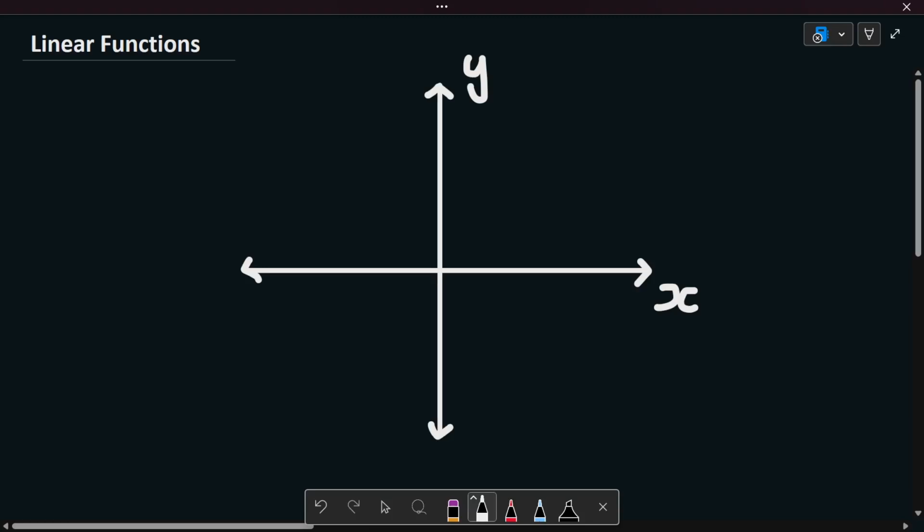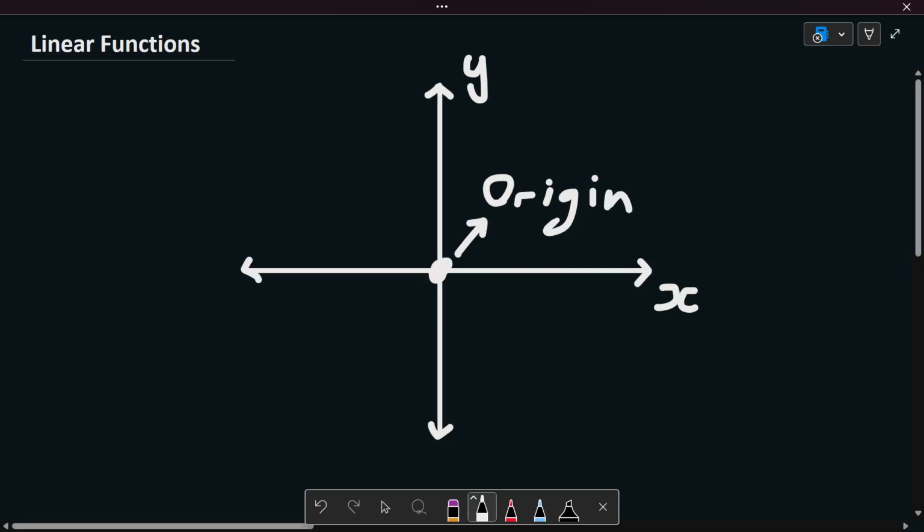The next thing is, where do we start? In the Cartesian plane we have units. The first thing we need to recognize is this center over here. What does the center tell us? This is what we call the origin.